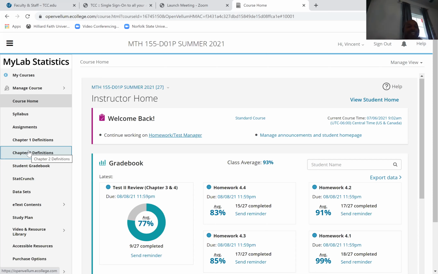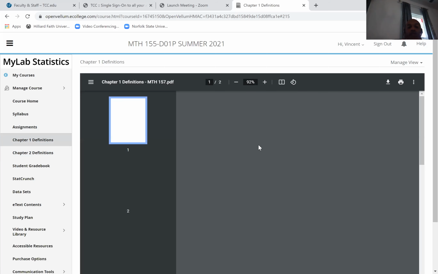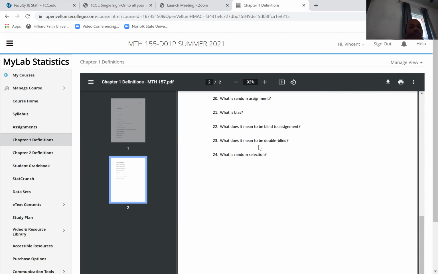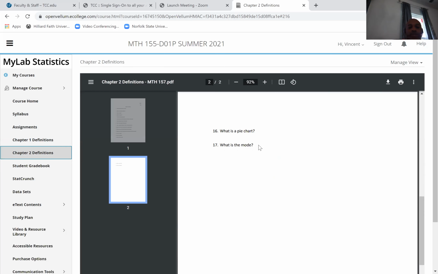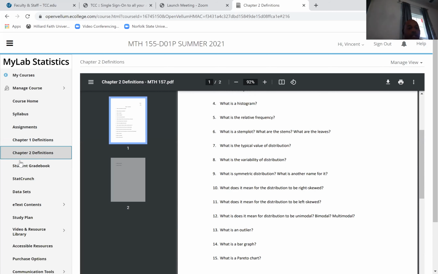Make sure you get those in. You just click on it, and make sure you do both pages. Same thing with definition two. There's a few on this other page. I'm going to post chapter 7 right under chapter 2, where that first section is just definitions. So, just like before, same thought process.